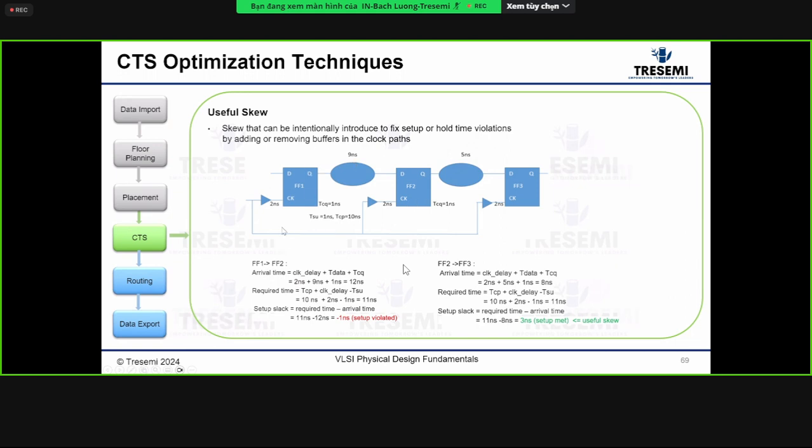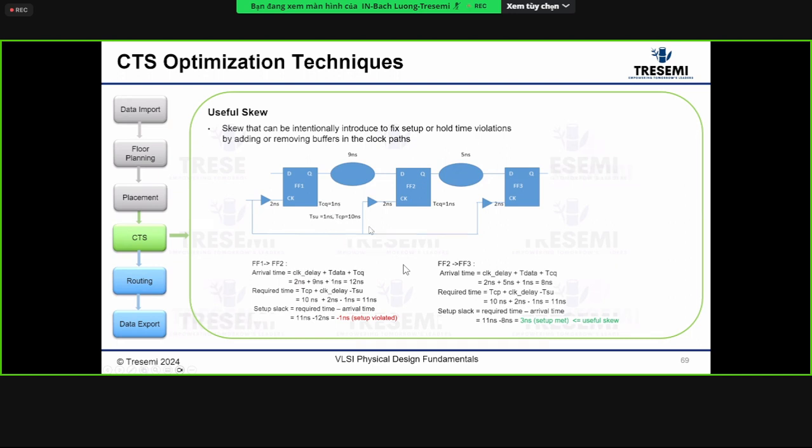Okay, so let's first take a look at flip-flop 1 to flip-flop 2 timing, from reg to reg here. You recall the setup slack is equal to required time minus arrival time. So the arrival time of this data at flip-flop 2 is clock delay, 2 nanoseconds, plus T data, which is the data propagation here, 9 nanoseconds, plus clock-to-Q, 1 nanosecond.